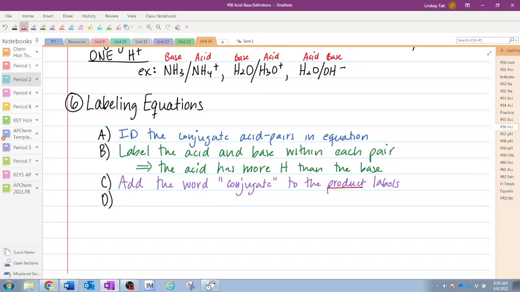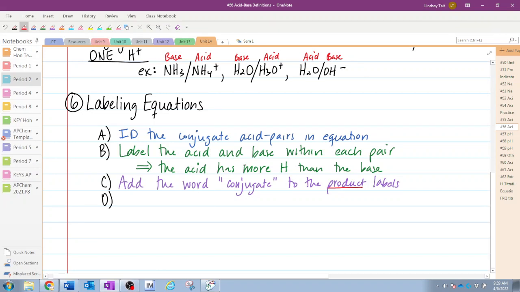So, number 1, why do we do that? Because that now means that you will not have 2 things labeled as an acid. You'll have 1 thing labeled as an acid, and you'll have another one labeled as a conjugate acid. And so that makes it very clear on a multiple choice question if I ask which one is the acid or which one is the conjugate acid. Now you'll know the difference between the 2. Why do we put it on the product side?